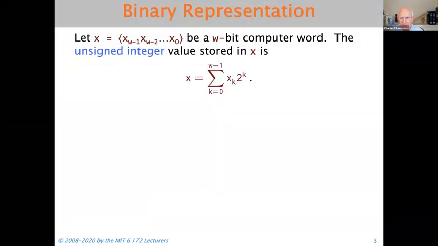To show my age, the first computer I ever used represented numbers in so-called binary coded decimal, or BCD, which you can read about, but no one uses that anymore. Today, everyone uses binary representation because the algorithms are easier, and we convert between decimal, which is good for humans, and binary, which is good for machines, on inputs and outputs.